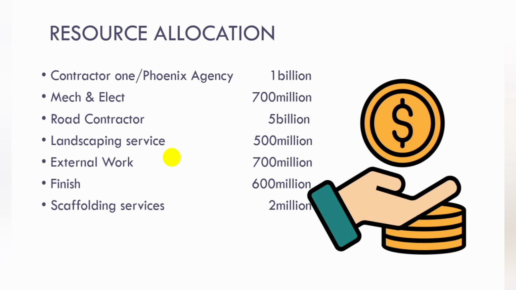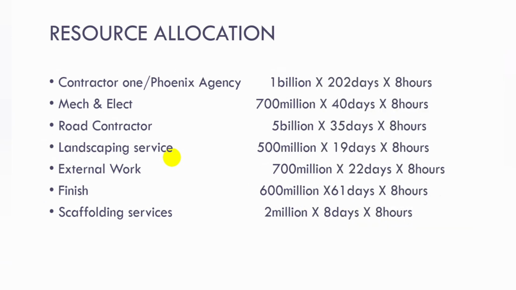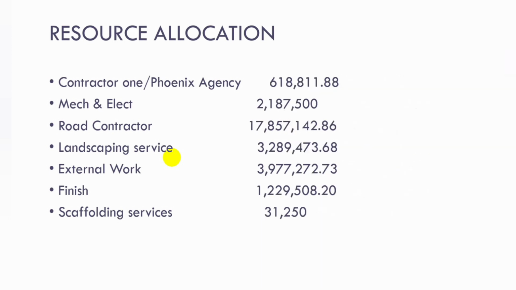So for us to get the figure for how much will they pay them per hour, you will have to plus the days that you are seeing on the Microsoft project task portion that you must have allocated. So when you plus them, you are going to get your own figures, and then you multiply it by the amount of hours they are going to work per day so that you get the cost per hour. So what you're seeing here is the cost per hour.